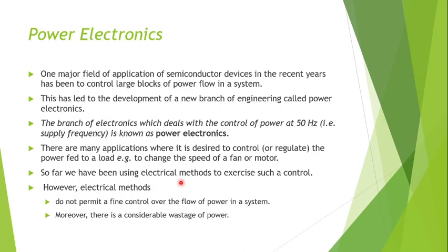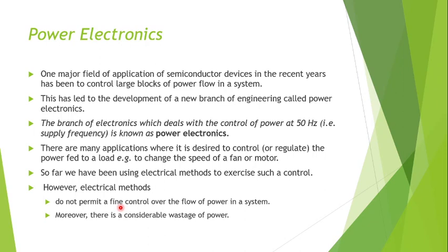Now this method has 2 disadvantages. One is it does not permit us a fine control over the power flow in the system. So if you want a speed of the fan which is between level 3 and level 4, you cannot have it because in the knob you go either from 3 to 2 or 3 to 4.